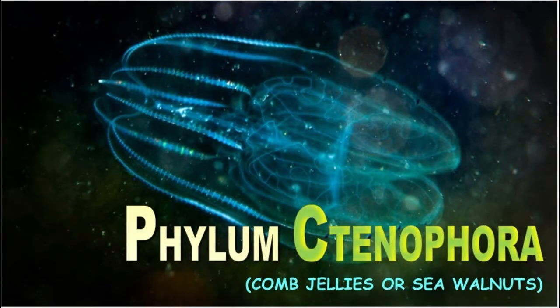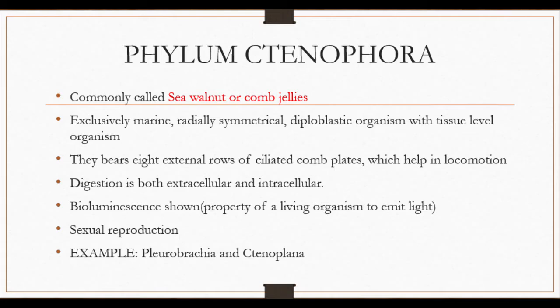Next one is phylum Ctenophora, also called comb jellies or sea walnuts. They are exclusively marine, radially symmetrical, diploblastic organisms with tissue level organization. They bear eight external rows of ciliated comb plates which help in locomotion.